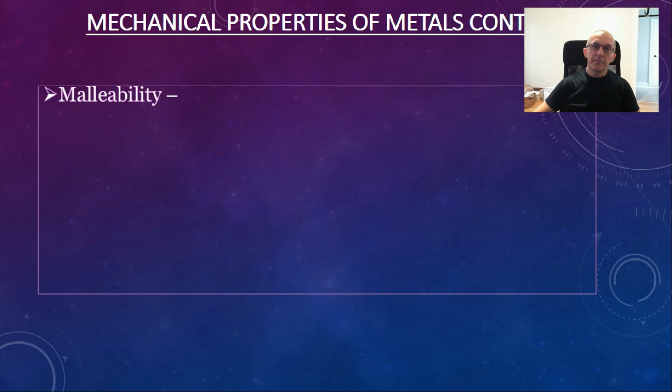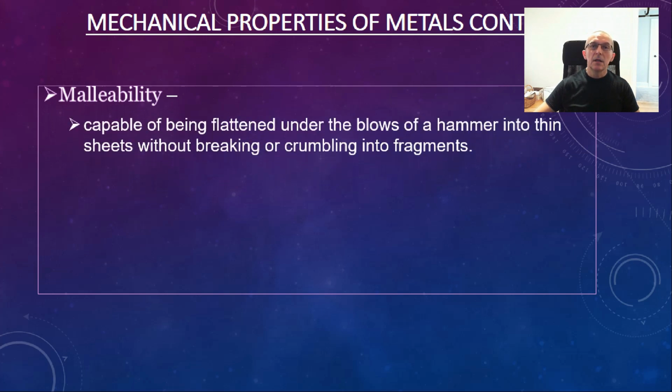The next property is malleability. Now, as we heard before in the video, malleability is the capability of the metal to change shape under compressive force or under blows of a hammer. You can hammer them into thin sheets without the metal crumbling. It's just going to change shape.